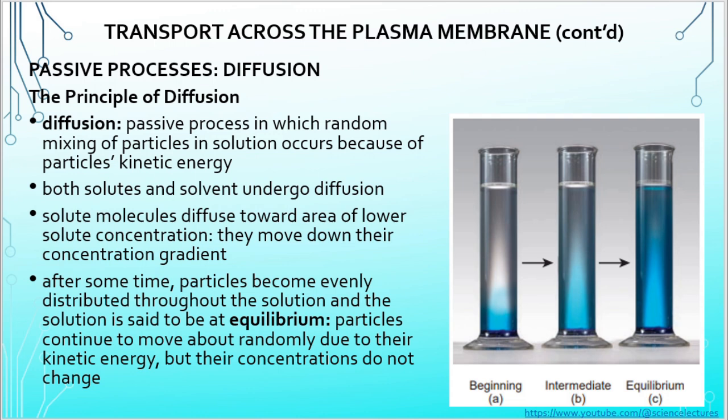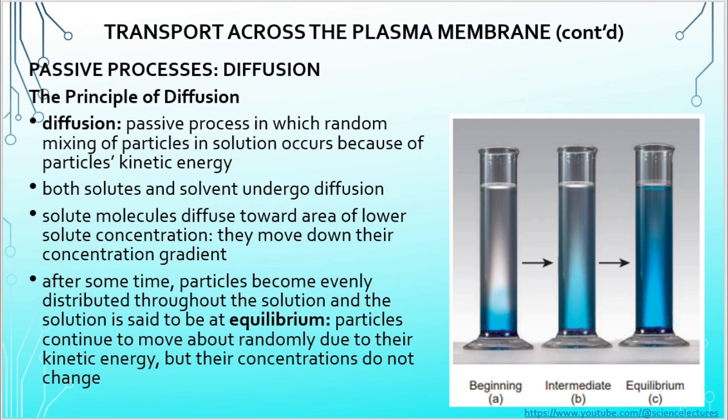If a particular solute is present in high concentration in one area of a solution and in low concentration in another area, solute molecules will diffuse toward the area of lower solute concentration. The solute molecules move down their concentration gradient. After some time, the particles become evenly distributed throughout the solution, and the solution is said to be at equilibrium.